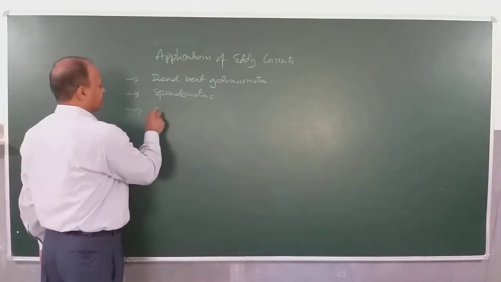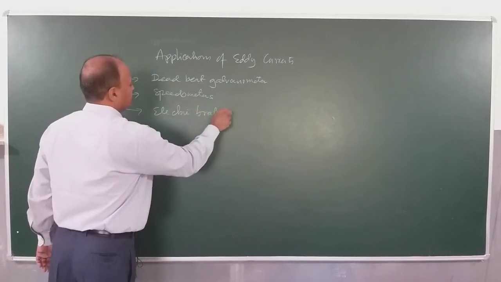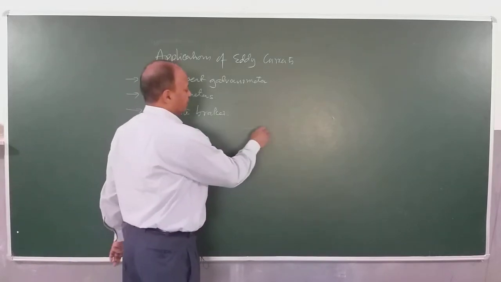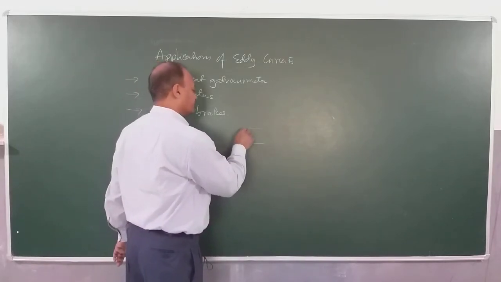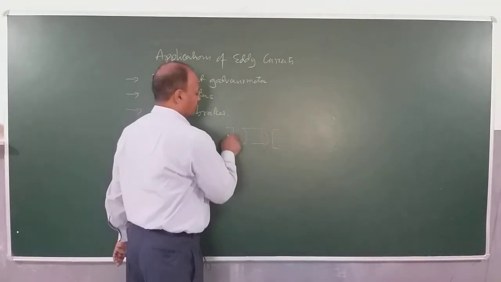We have electric brakes. In electric brakes what happens? In electric brake we have big cylinders, and these cylinders are rotating between the poles of a strong electromagnet.